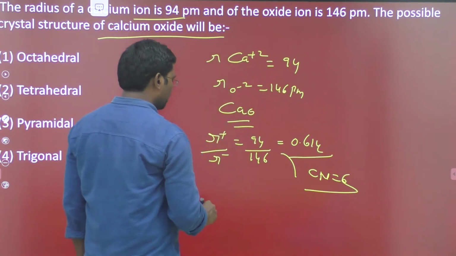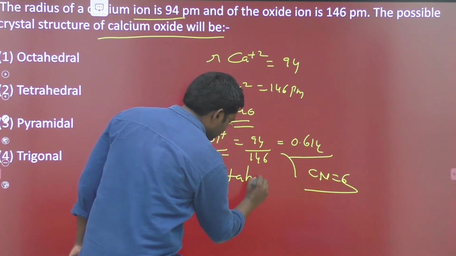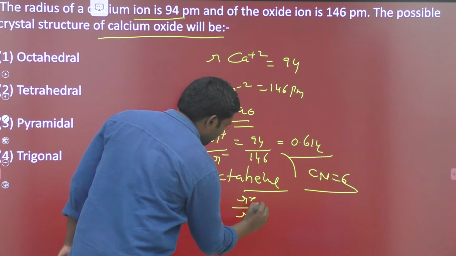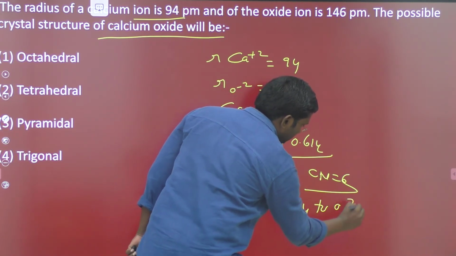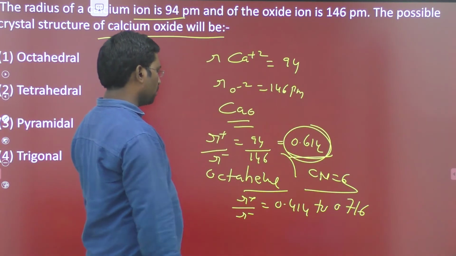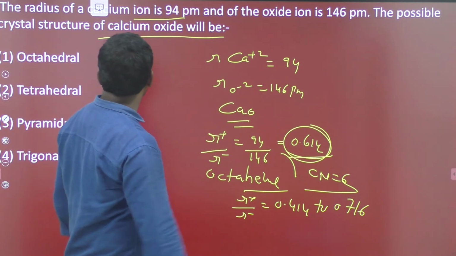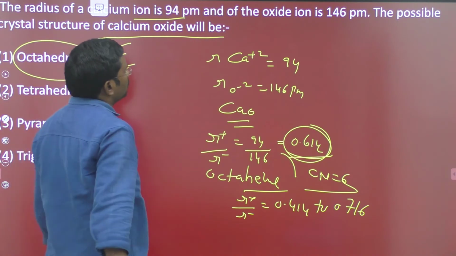For octahedral complexes, the radius ratio ranges from 0.414 to 0.716, and this value is in between. So based on the radius ratio, it is an octahedral structure.